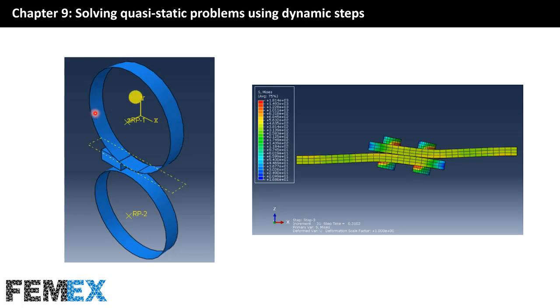And the second example is about bolted connections, and I have simulated a lap joint including 2 bolts. In both examples, I have done the simulations using static general, dynamic implicit, and dynamic explicit steps, and I have compared the results to show the efficiency and accuracy of using dynamic steps instead of a static general step.